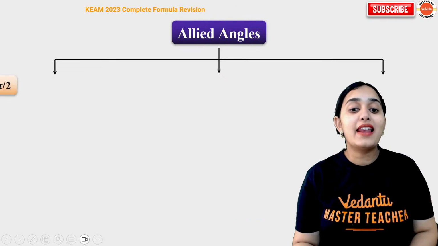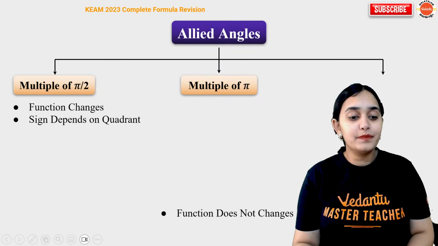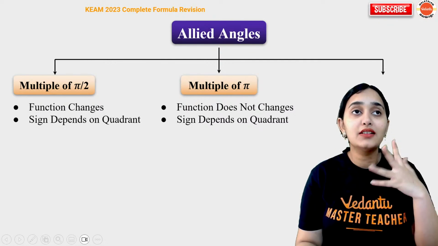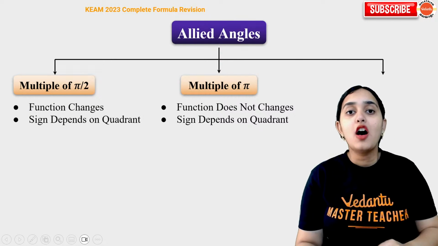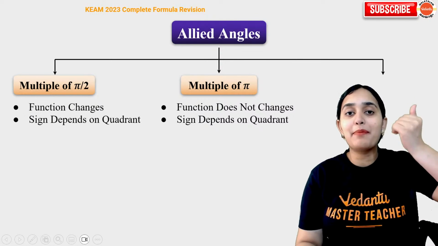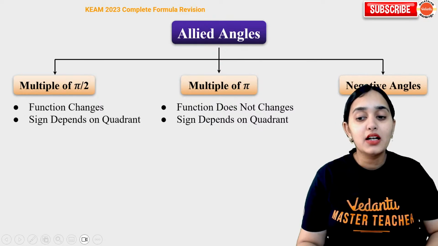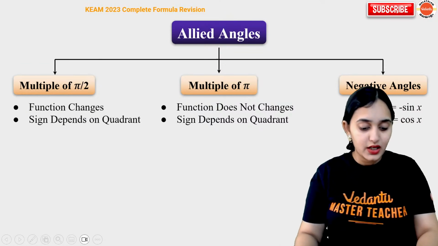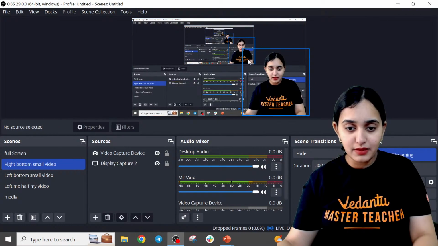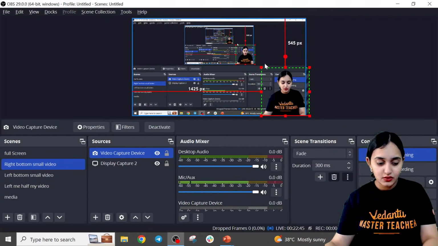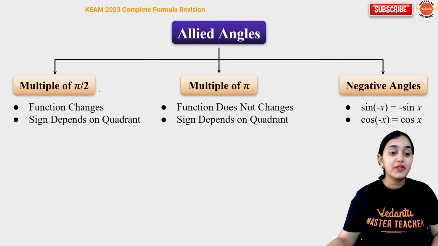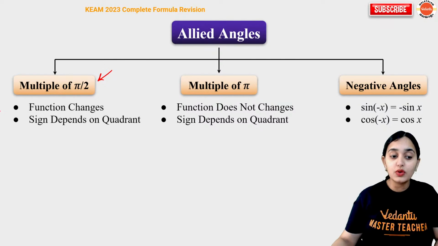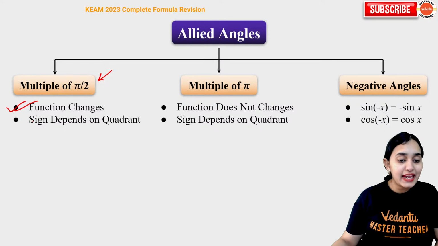Now, their allied angles. Let's look at them. When we are finding multiples of pi by 2, or increasing our theta by pi by 2, by pi, and by negative angles, what happens? So this is the table for you. Let me minimize myself a little so that the screen is more visible. First, if you add a multiple of pi by 2, the function will change.